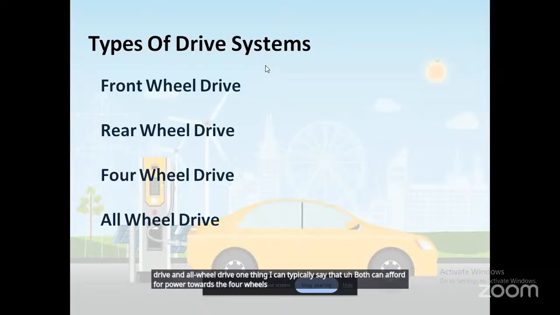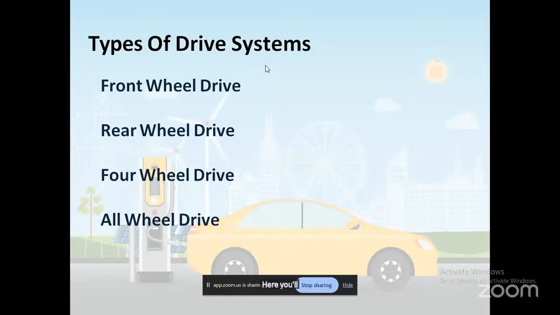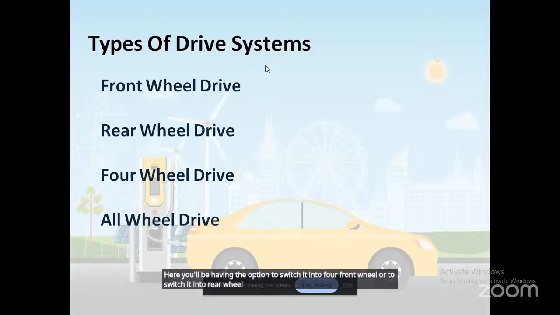But with four-wheel drive, you have the option to switch to front wheel or rear wheel based on the driver's application and the road. With all-wheel drive, it is automated, so you get automatic power delivery. It is a proper automated process that switches between front wheels and rear wheels.